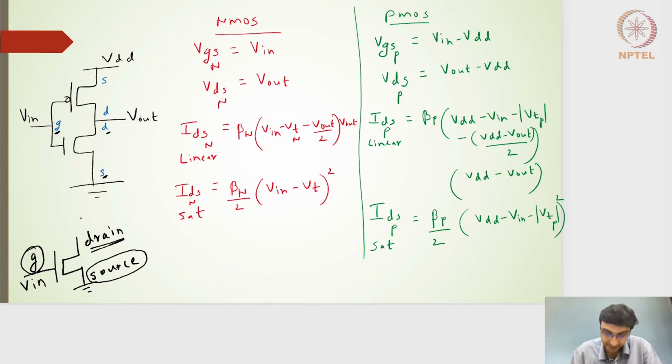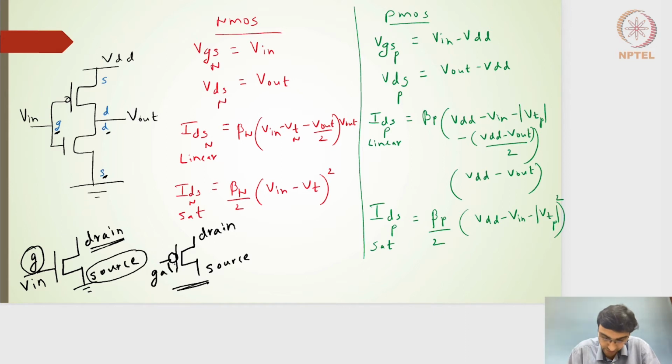On the PMOS side, the notation of the PMOS is very similar to that of the NMOS, just that at the input side it is a bubbled input. So this is how the PMOS transistor is denoted. Again, source and drain, and then we know where the gate should be.